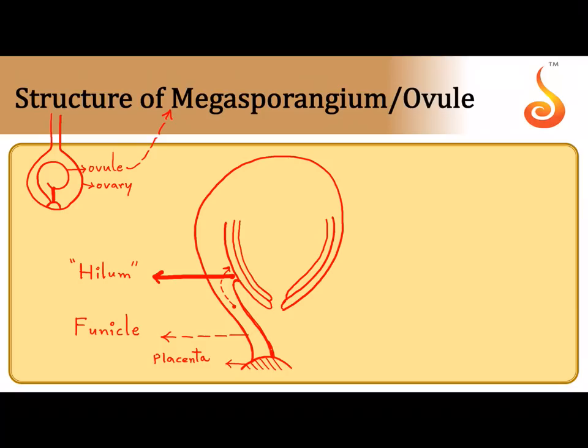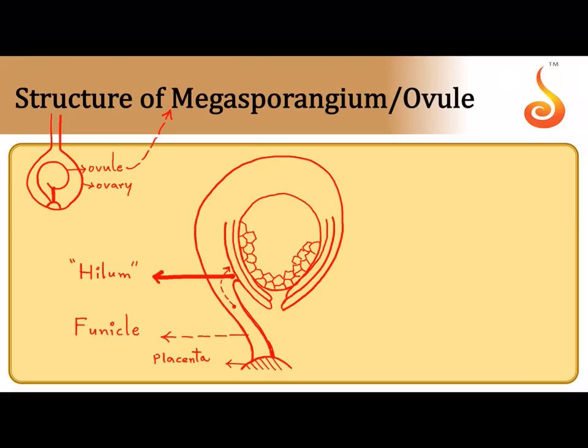Then inside the ovule there is a main tissue. I'm showing you the tissue now. There is a rounded mass of cells inside the ovule. Let me just show a few cells over here inside the ovule. This is the main mass of cells, and these cells are richly laden with food reserves, their nutritive tissue.